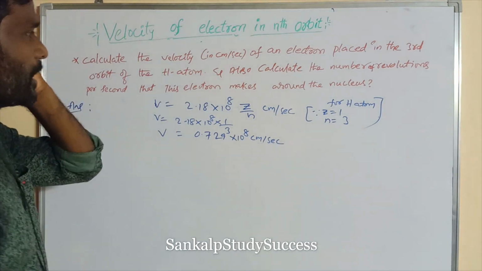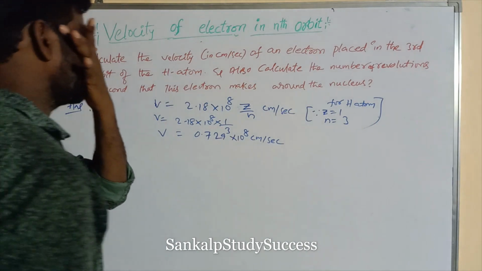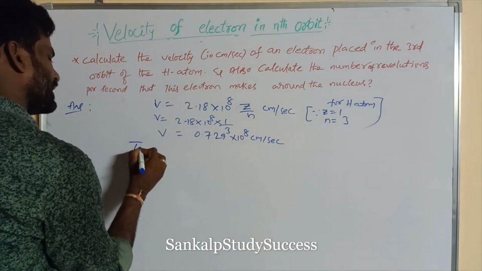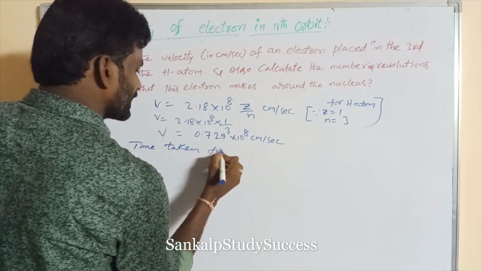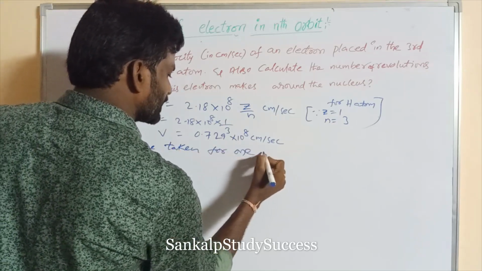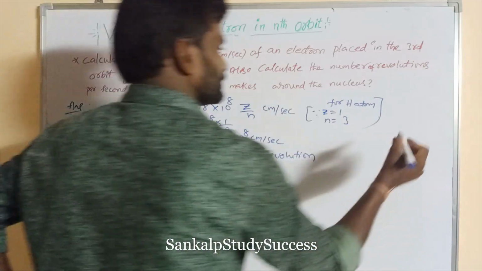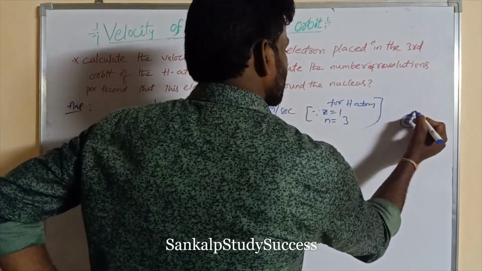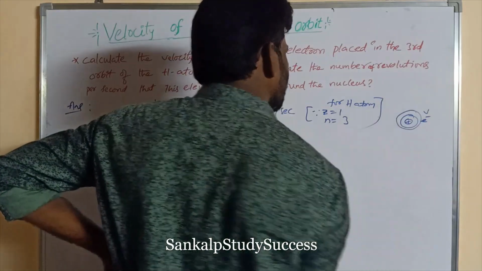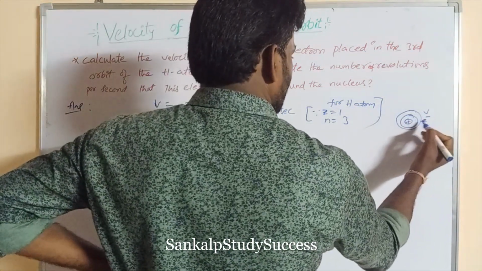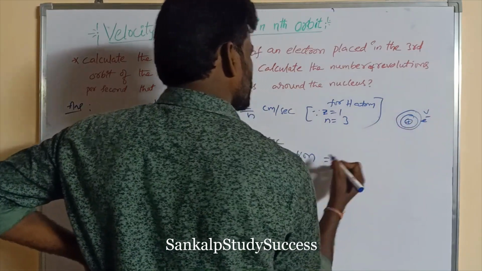Now we can calculate the number of revolutions per second. First we find the time taken for one revolution. This is the nucleus, this is the orbit, and the electron revolves with some velocity. The circumference of the circle is 2πr.